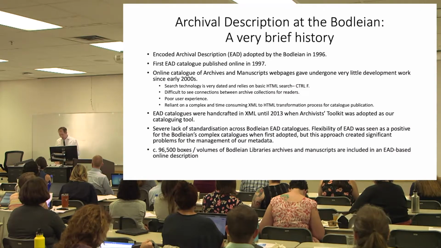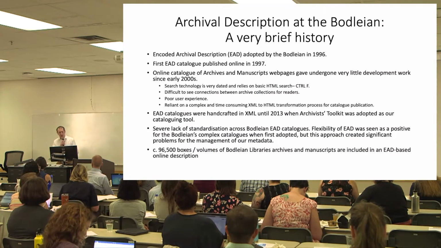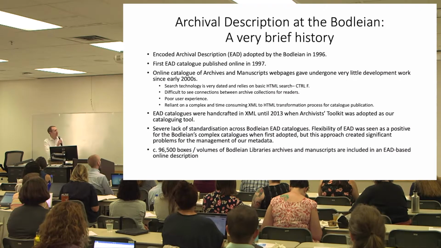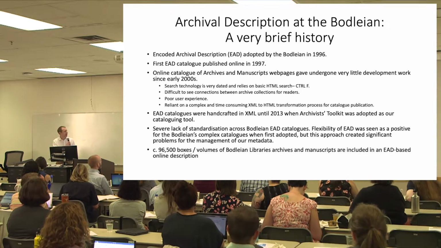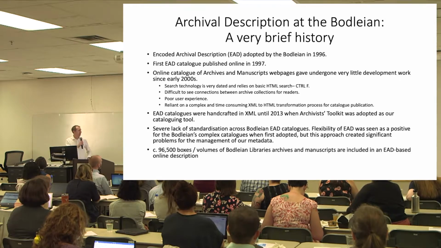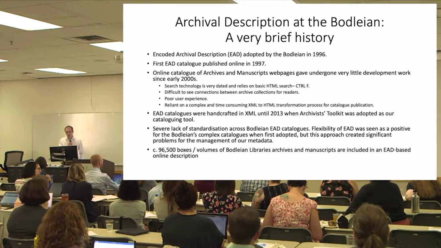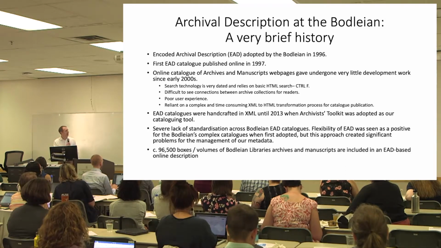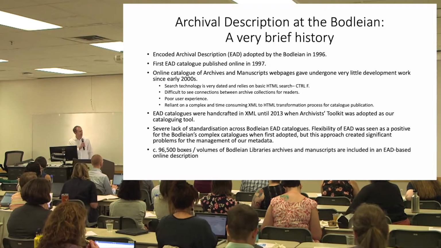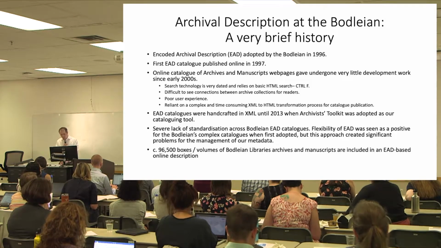So I'm not going to go over cataloguing the library for the full 400 years because we could be here for quite a while. We'll talk about EAD because it's been one of the reasons we've gone with ArchivesSpace. We were a very early adopter of EAD in 1996 and published our first online catalogue in 1997.